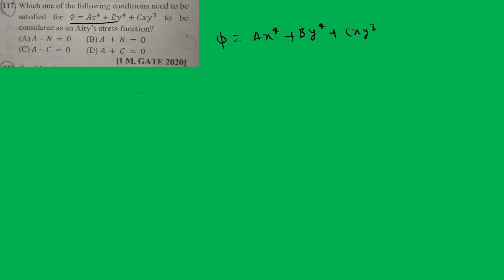You know that del to the power 4 phi is equal to 0. So del to the power 4 phi by del x to the power 4, plus 2 times del to the power 4 phi by del x square del y square, plus del to the power 4 phi by del y to the power 4, is equal to 0.